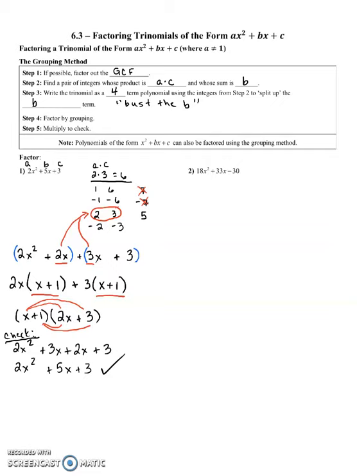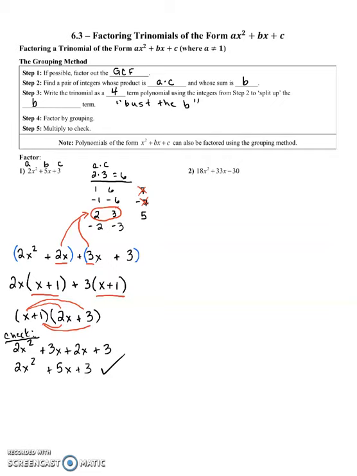So on number 2, maybe you should pause the video and try to do that one on your own. I'll give you a hint. You will need to factor out a GCF first, like the step 1 GCF. You don't have to, but it will make the arithmetic much easier in the long run.